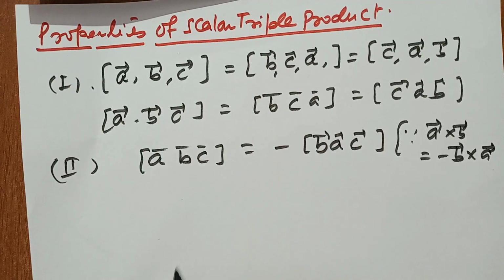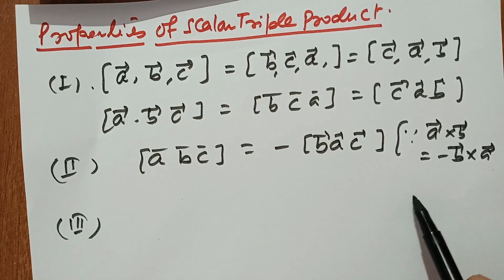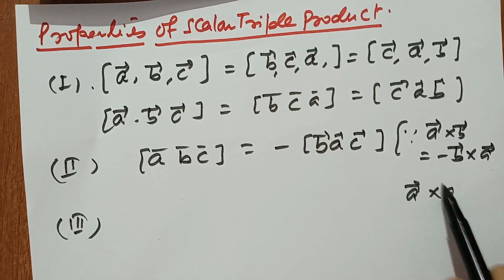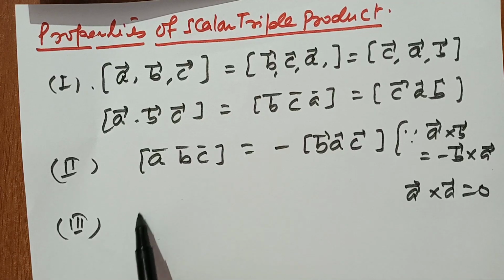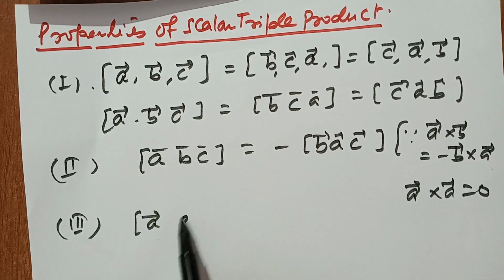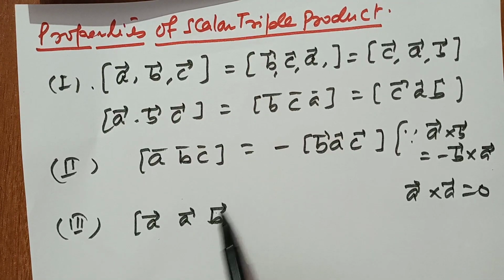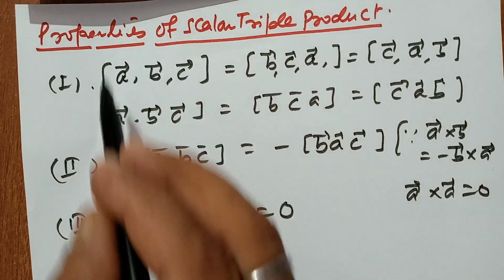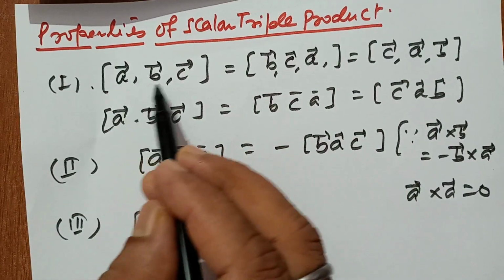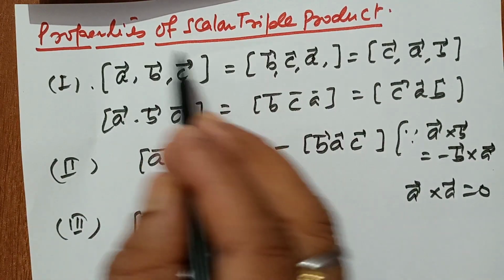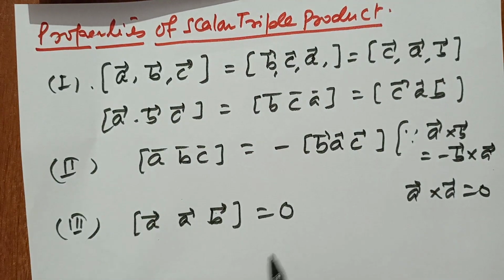The third property: if two vectors are equal, or parallel, then A cross A is equal to 0. It means [A A B] is equal to 0. So if among three vectors any two vectors are equal, then the value of the scalar triple product is 0.